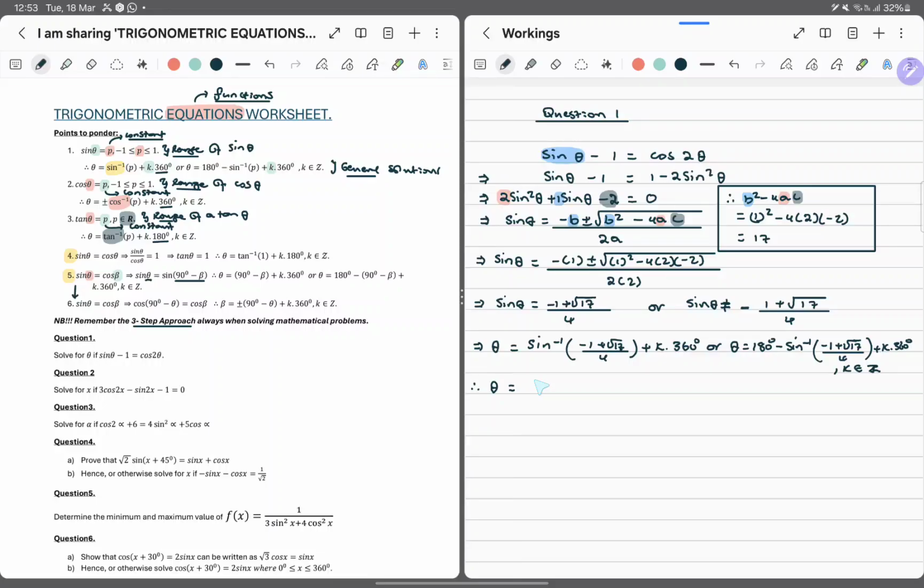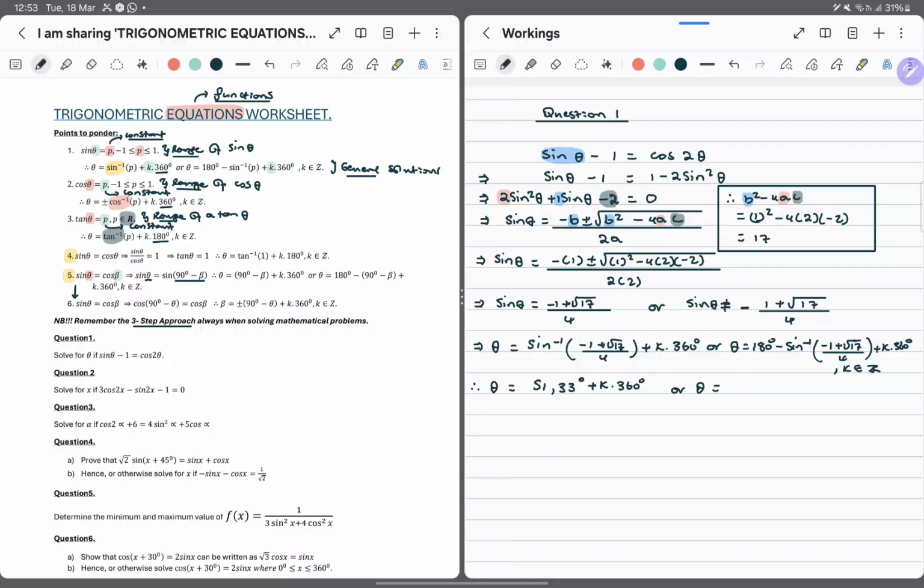So this is going to give us 51.33 degrees to 2 decimal places, plus k times 360 degrees, or theta is going to be equal to, now as you can see, the other solution is nothing but exactly the same angle on the other side.